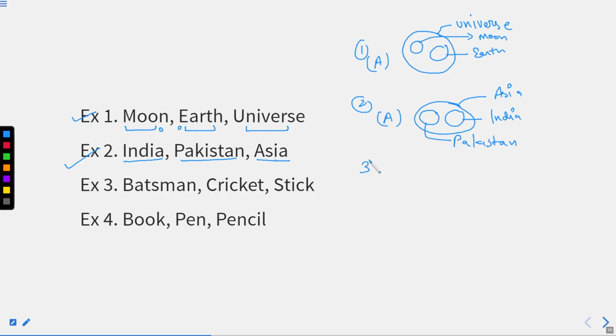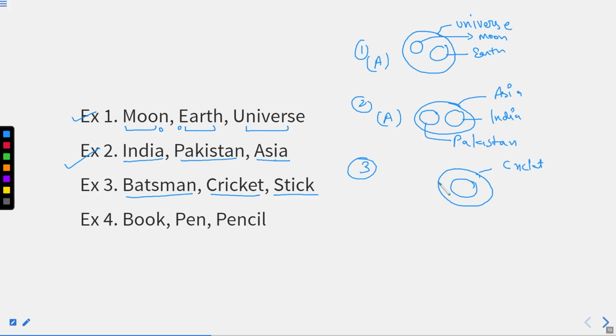Okay. Now, question number 3, what does it say? Batsman, a cricket and a stick. What can you see? This is represented by cricket. Batsman plays cricket itself.